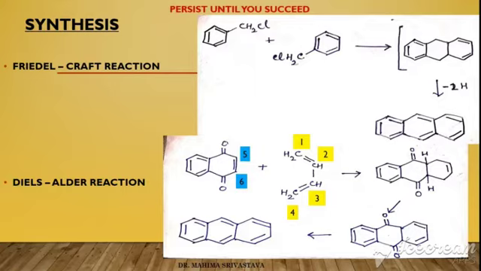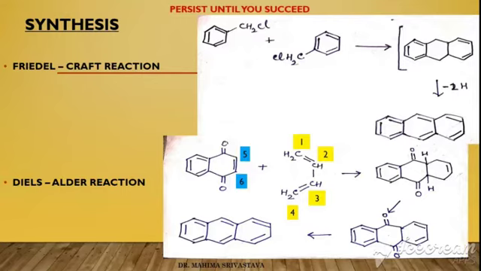Further moving, the double bond between C3 and C4 is broken and the electrons form a single bond between C4 and C6 to form the product. Now all these processes take place in a single step. So this first step of the reaction is the Diels-Alder reaction.